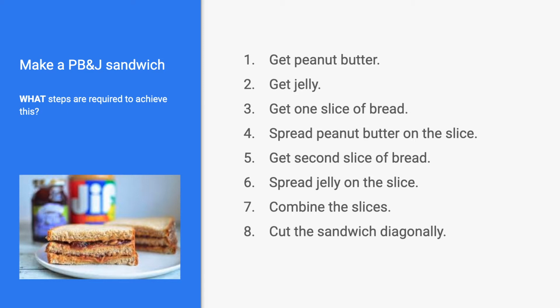Let's take a look at our example and see if we can cut down a step or two. Looking at step 3, I think I can get the second slice of bread at the same time. So I'm going to modify my third step to go and get both slices, and then I don't need step number 5.